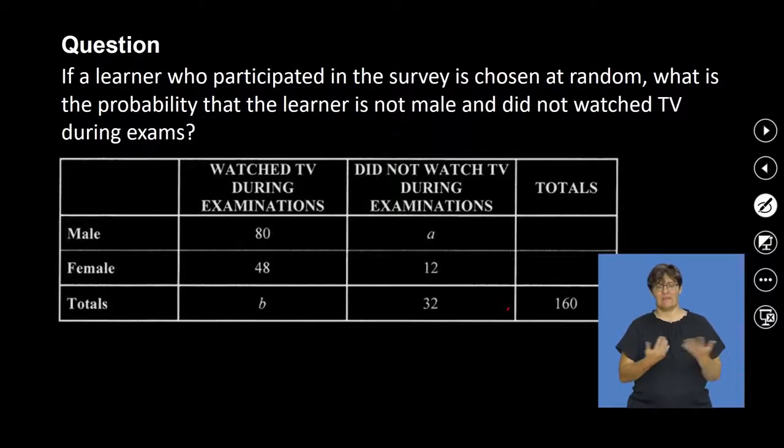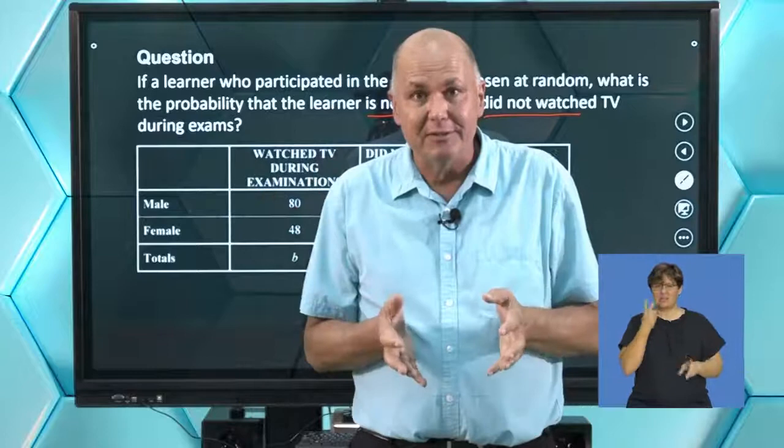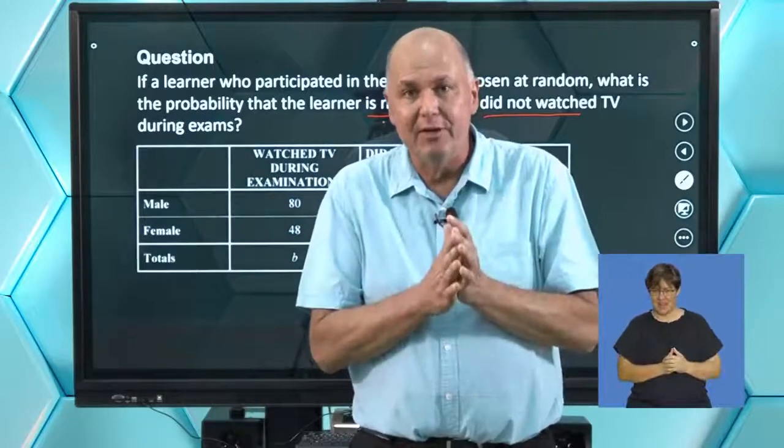If a learner participates in the survey, what is the probability that the learner is not male and did not watch TV during the exams? Now guys, this "not" and "and" can be so confusing, but really it's not difficult. So let's be very clear about it.